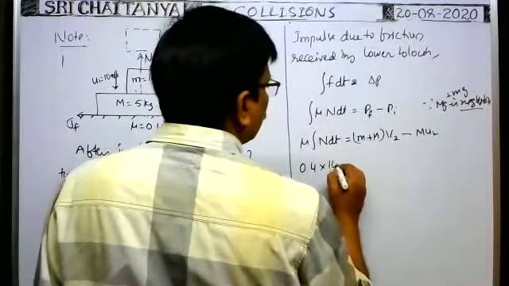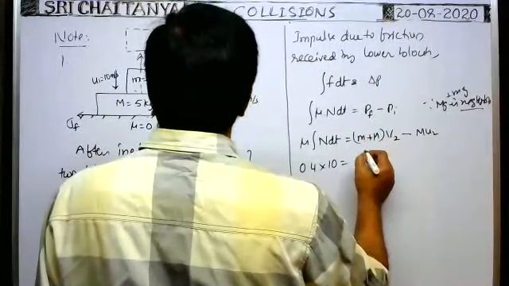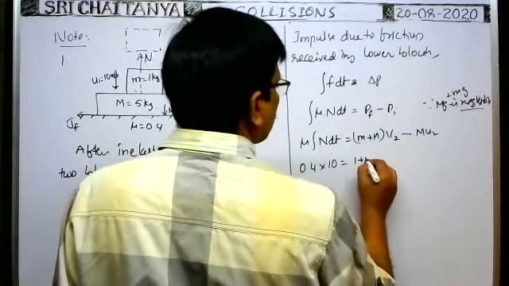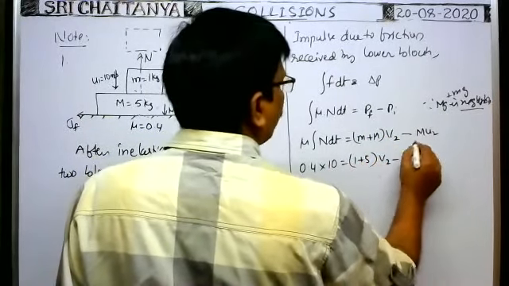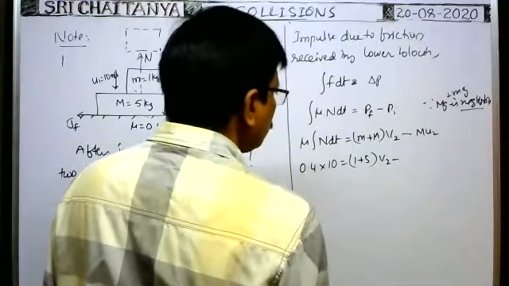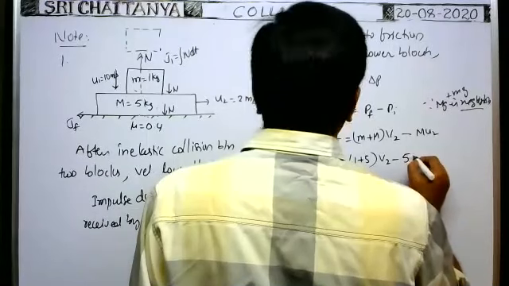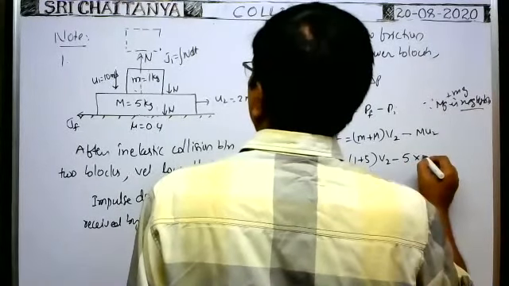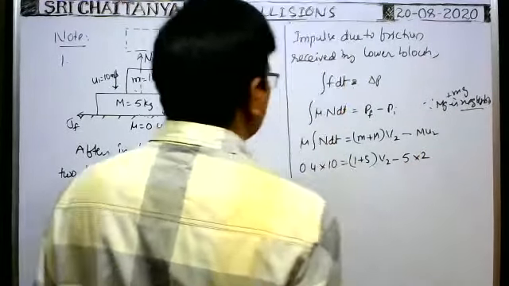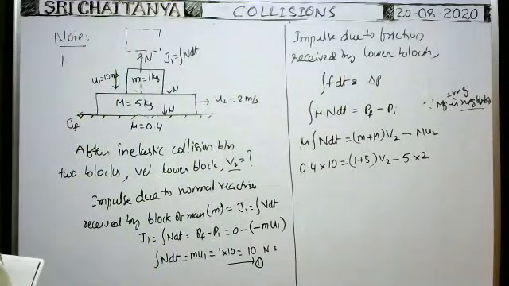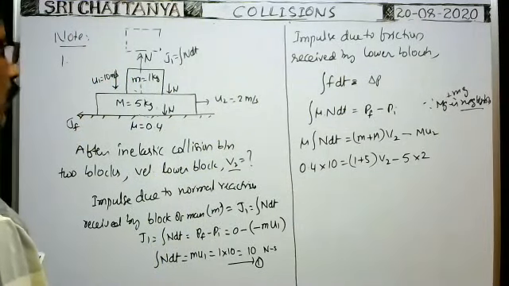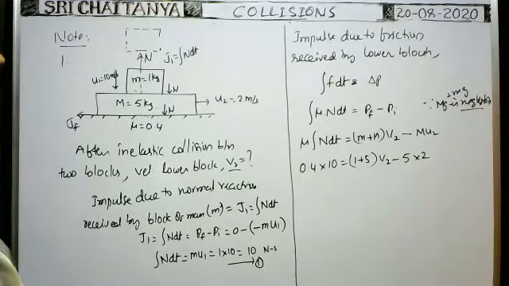So you write 10 is equal to small m plus capital M, that is 1 plus 5, into v2 minus capital M, that is 5, into initial velocity 2, 5 into 2. Okay, therefore what is the v2 value?